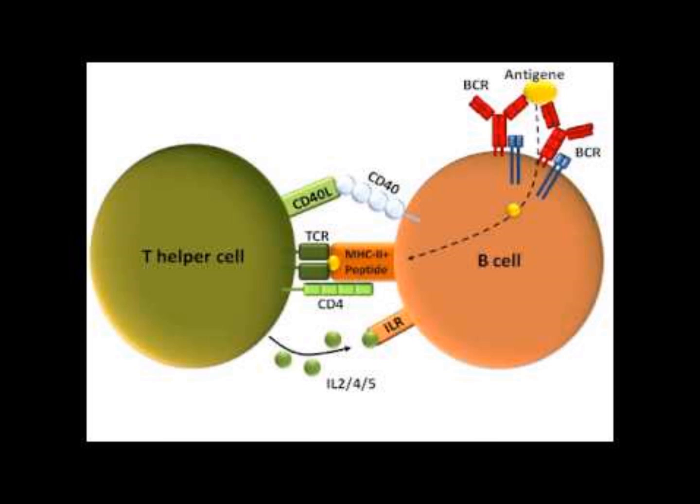Induction of transcription in the I region promoter opens up the DNA and allows an enzyme known as AID, activation-induced cytidine deaminase, to access the switch regions.